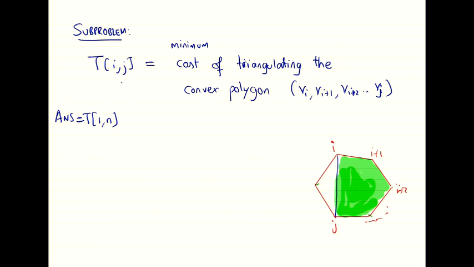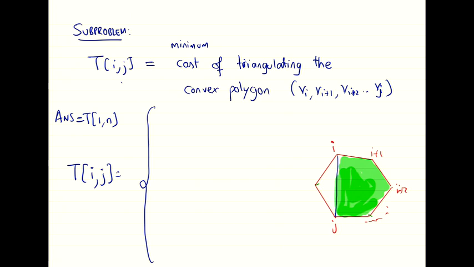Our natural approach is to look at the edge i, i plus 1. It has to be part of some triangle. So I'm trying to write a recurrence relation now. The edge must have some other vertex with which it forms a triangle.